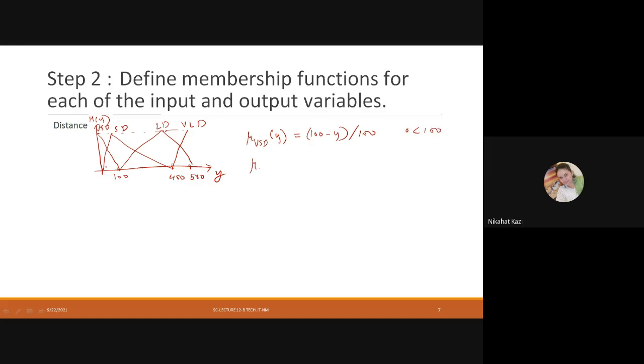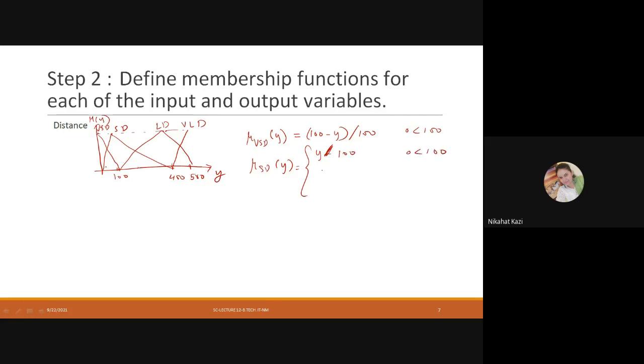Next is short distance of y, divided into two functions. One is an increasing function, that is y minus 0 divided by 100, right?